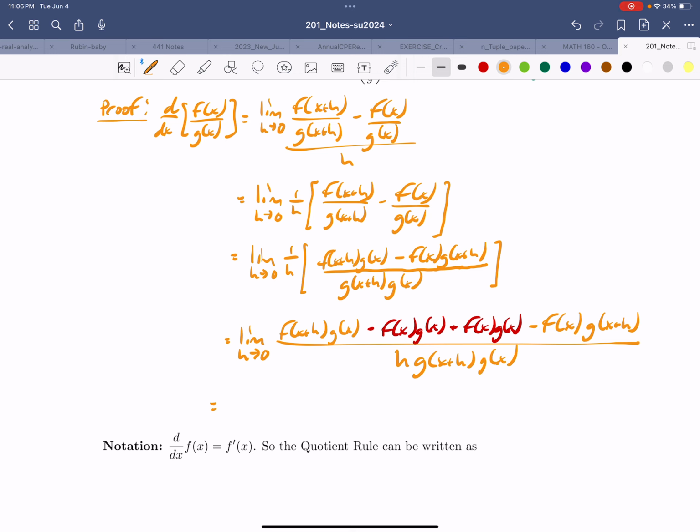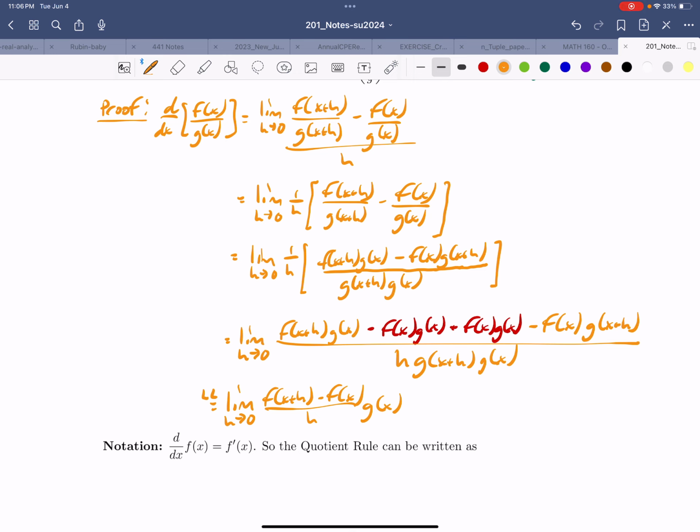Now, why am I doing this? Well, using a bunch of limit laws, we're going to get the following. Factor out that g of x here. We're going to wind up getting limit as h approaches 0 of f of x plus h minus f of x all over h times g of x.